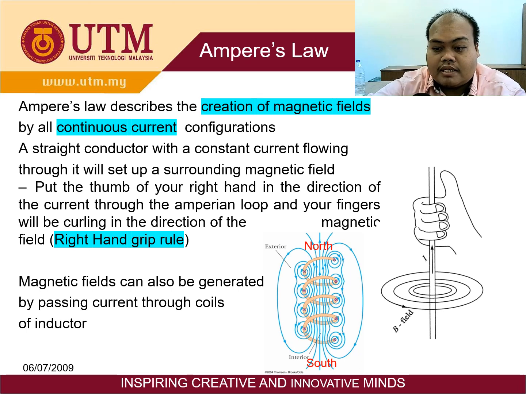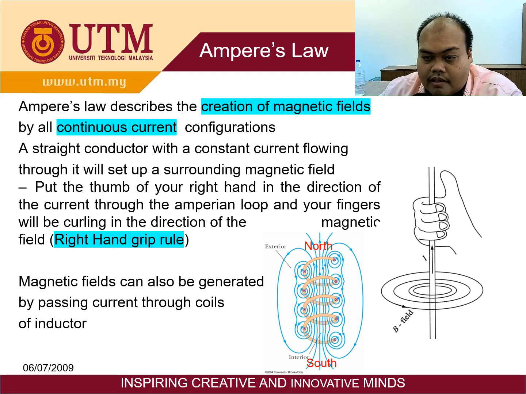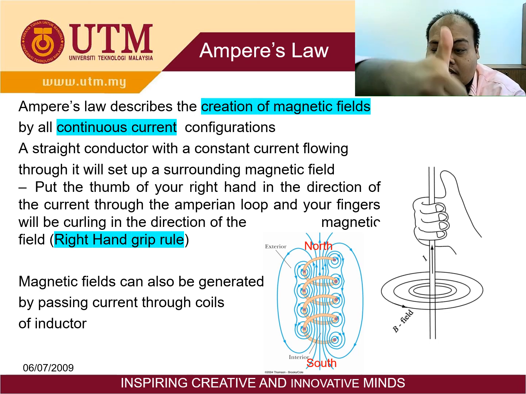Inside it is from south to north, and at the outside it is north to south. Please memorize this. So for the solenoid, this becomes the direction of the magnetic field inside the solenoid, and this is the direction of the current.